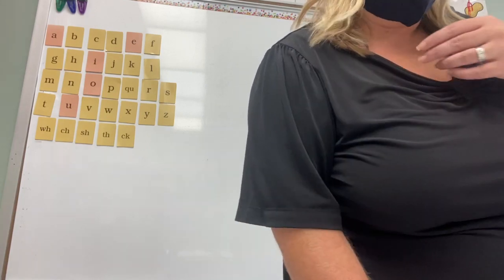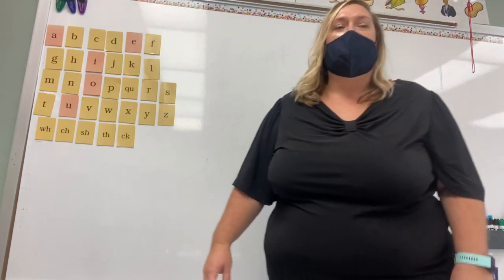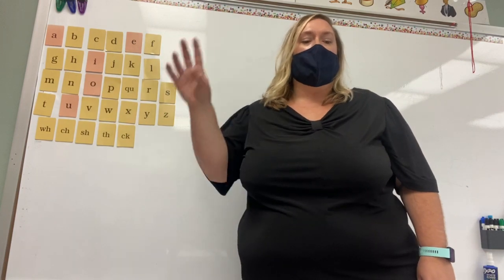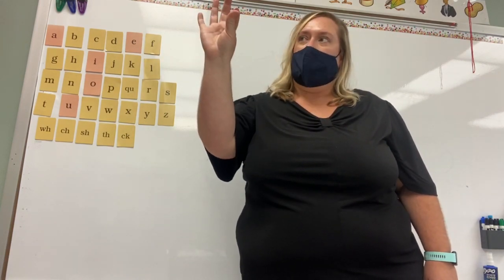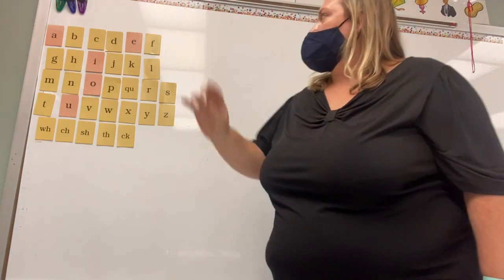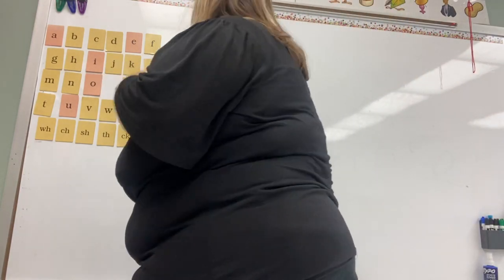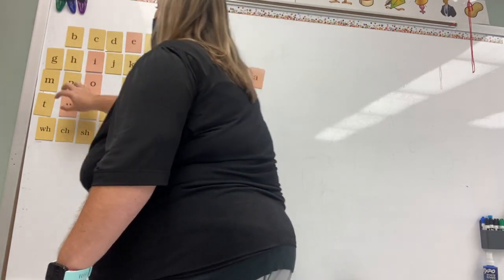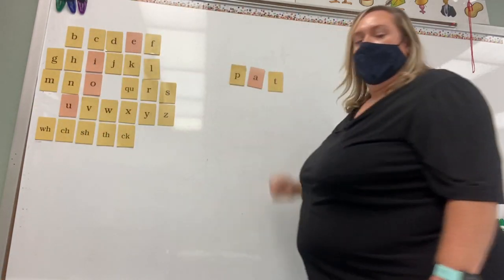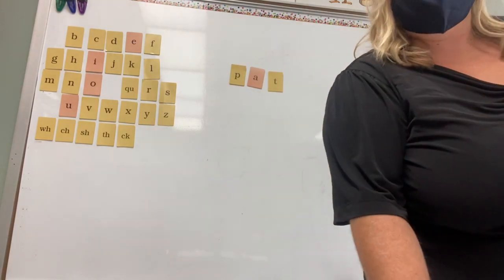Now let's do one more thing where we practice spelling our words. So the first word is pat. Let's tap it out. P-a-t. P-a-t. So go ahead and spell it. P-a-t. That's how we spell the word pat.